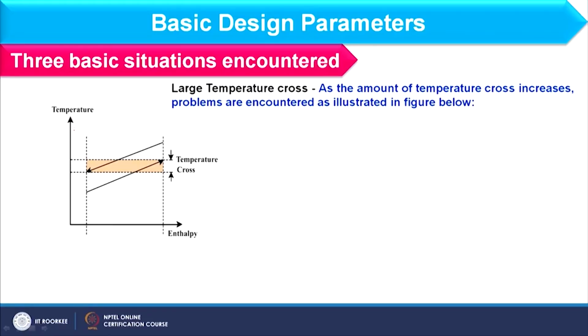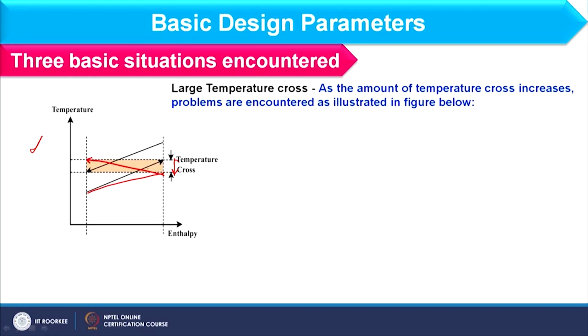Okay. Now, next is, if I am considering more temperature cross, then what will happen? Let us see. If you see this graph, here we have more temperature cross, up to this much temperature cross is there. So, as far as counter current flow is considered, I am again saying that no feasibility is occurring. Okay. However, in a 1-2 shell and tube heat exchanger, we have this kind of flow.